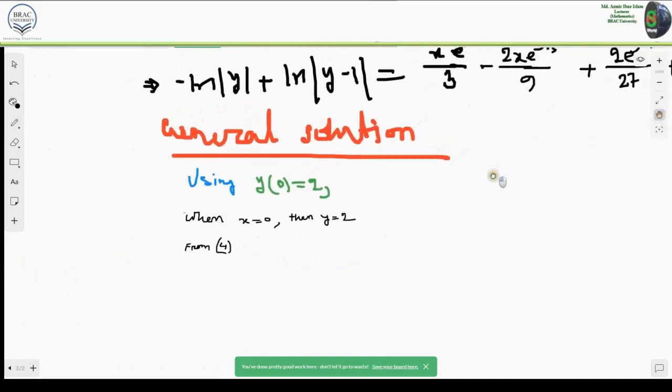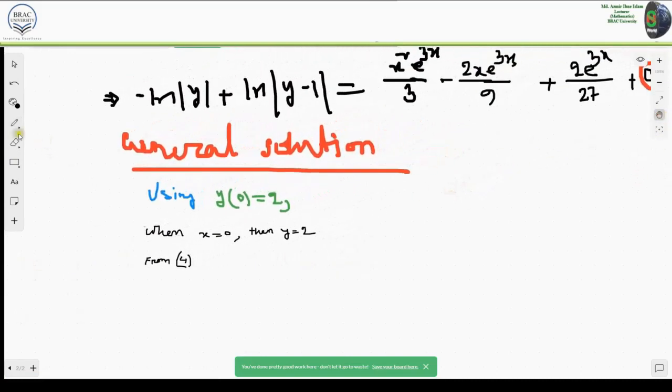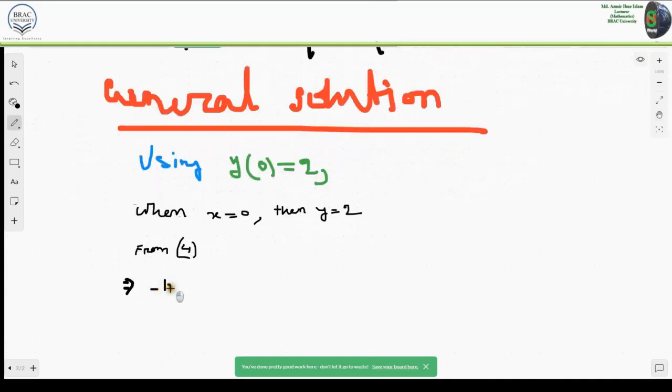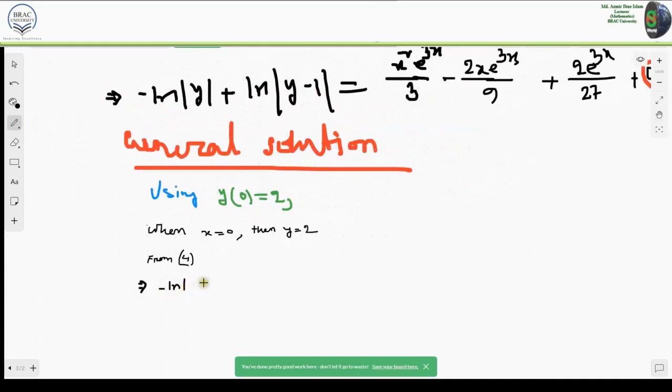Then only we will have the value for C. So I am writing ln, and the value of y will be here, it is 2, plus logarithm of 2 negative 1.